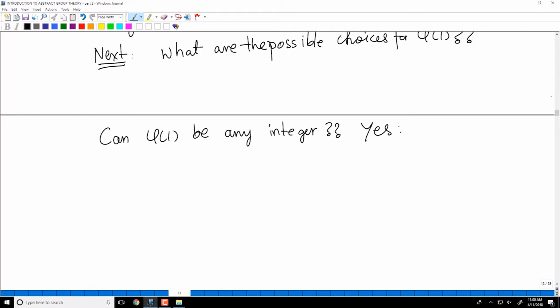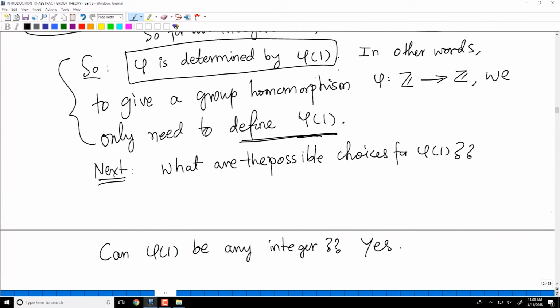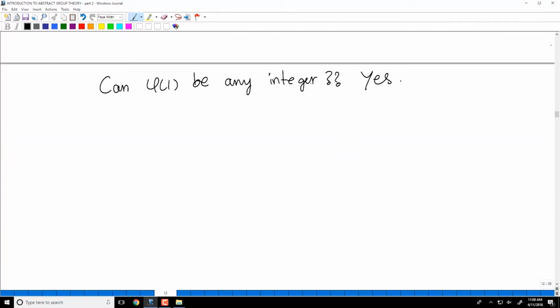It can be any integers, because in the calculation that we discussed earlier, a was an integer. I can put a to be any integer. I have a valid homomorphism after I define phi of 1 to be a.